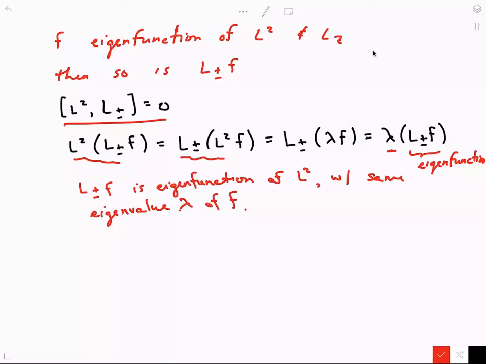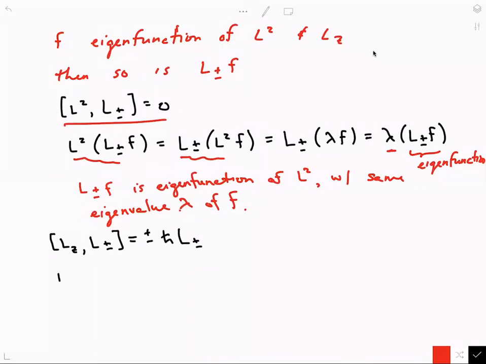Okay, what else can we say? Well, we can say that that other equation we boxed, that said that Lz and our ladder operator don't commute, that we're going to have this extra factor if we apply them in a different order.